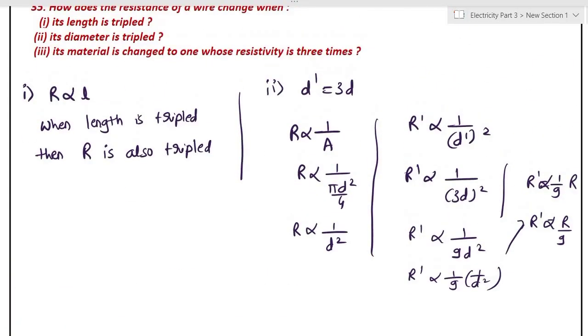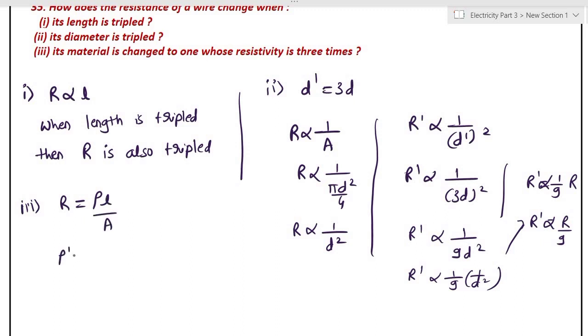There is one more case given: its material is changed to one whose resistivity is 3 times. We know that the resistance of a conductor is equal to rho L divided by area of cross section.